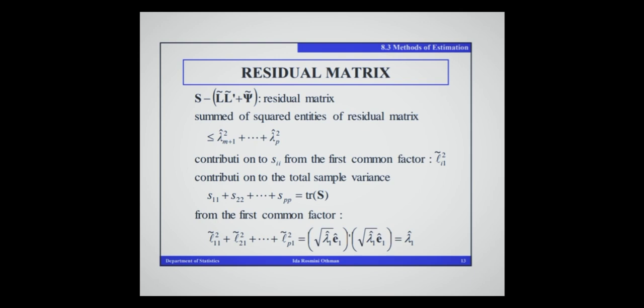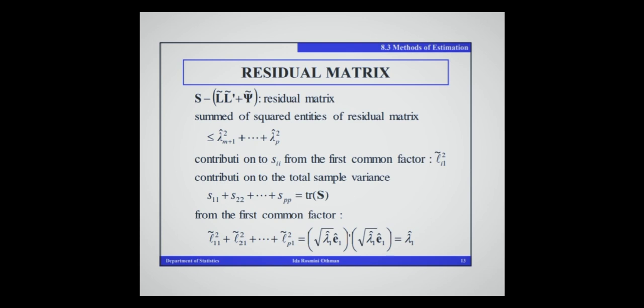Okay, in order to find the residual matrix, we need to estimate the matrix of loading, factor loading matrix, dan juga we need to estimate the specific variance matrix. Okay, so macam mana nak tahu the factors represent the data or not? Kita akan tengok residual matrix, whether the value of the residual is small or large. Okay, kalau small tu maksudnya dia fit the data lah.